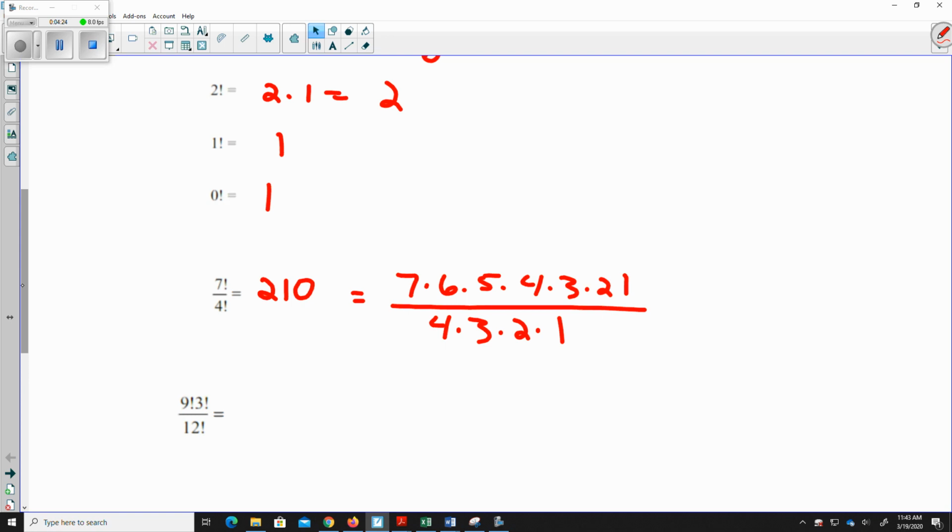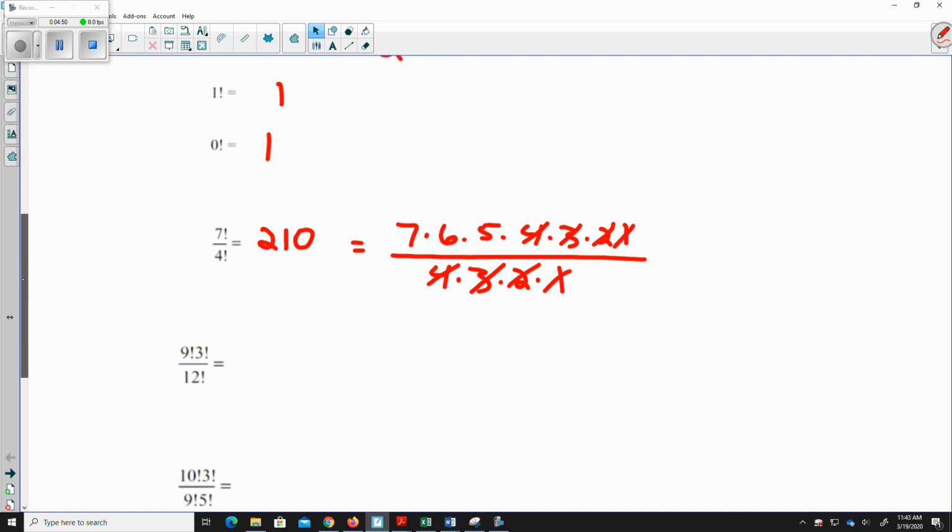So what you have here are these numbers divided by these numbers. And just like with any kind of fraction or division, what you have on the top that's the same on the bottom, you can cancel out. 4s, 3s, 2s, and 1s. So now all you're left with is 7 times 6 times 5. 6 times 5 is 30. 30 times 7 is 210. So that's another way of doing it.